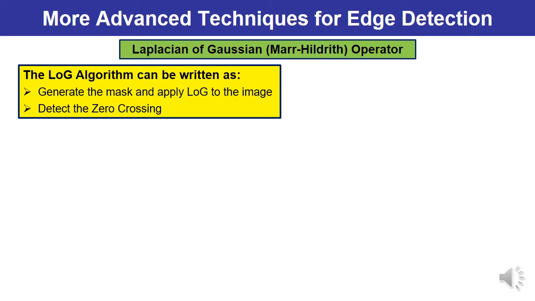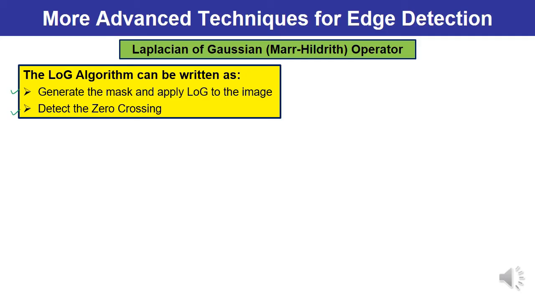See, there are two important steps in the Laplacian of Gaussian algorithm operator. First, generate the mask and then apply the Laplacian of Gaussian to the image. Then in the second step, detect the zero crossing. This is very important.